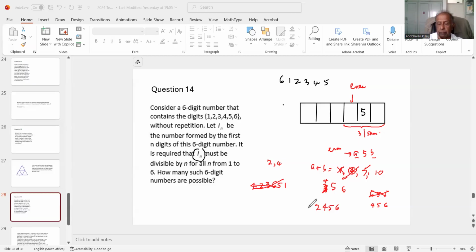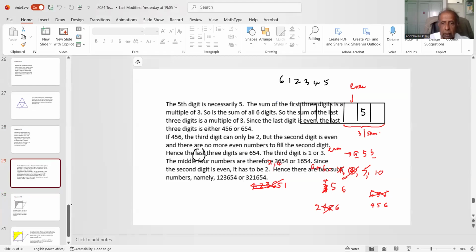So neither of them can be put, because you need to have an even number here. So this is also out. Okay. All right. Somehow I didn't seem to find my numbers. But if you keep trying out like this, you will eventually get to the number that you're looking for.